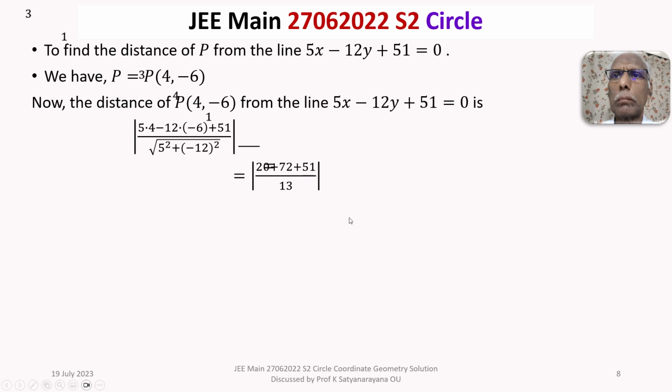When you further simplify, you will get 143 by 13. Cancelling the common factor 13 in the numerator and denominator, we get 11. Thus, the distance of the point P, the center of the circle C, from the third line, 5x minus 12y plus 51 is equal to 0, is 11.